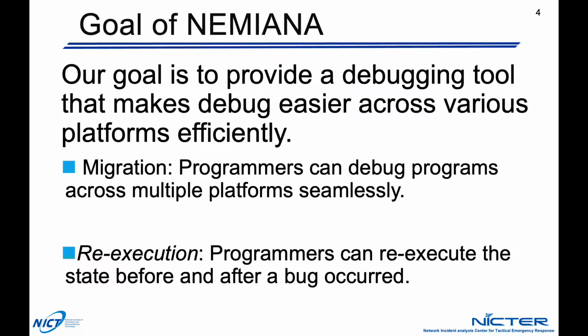The second is re-execution. Programmers can re-execute the execution state of software when a bug occurred for debugging. In the following slides, I will show you a use case of NEMIANA to explain these functions.